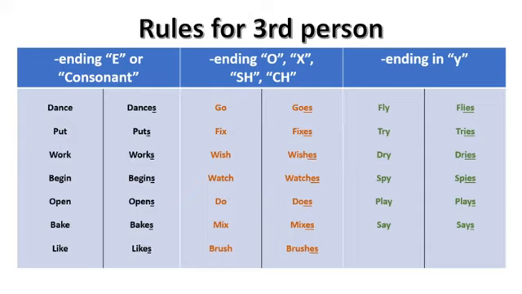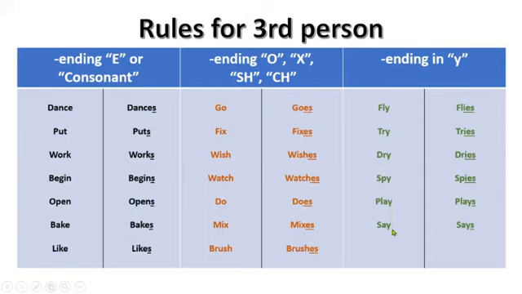For example, we have the verb fly. The verb fly ends with y, so we have to change the y for i plus es. Try, the same, you have to change the y for i, es. Dry, dries, spy, spies.